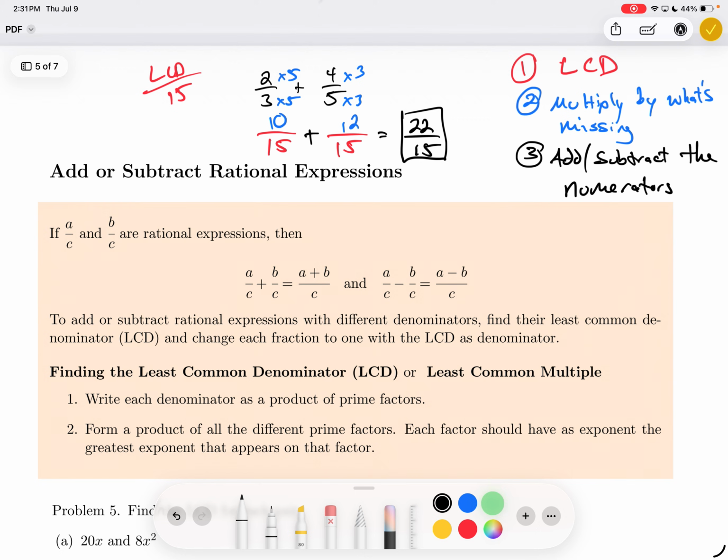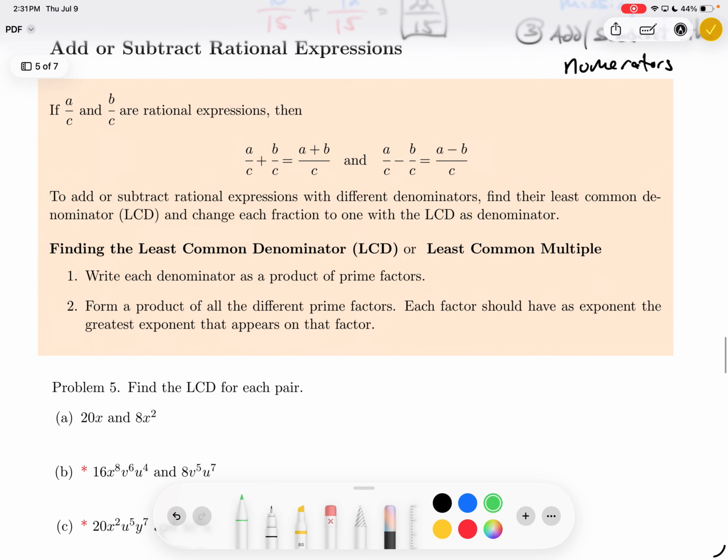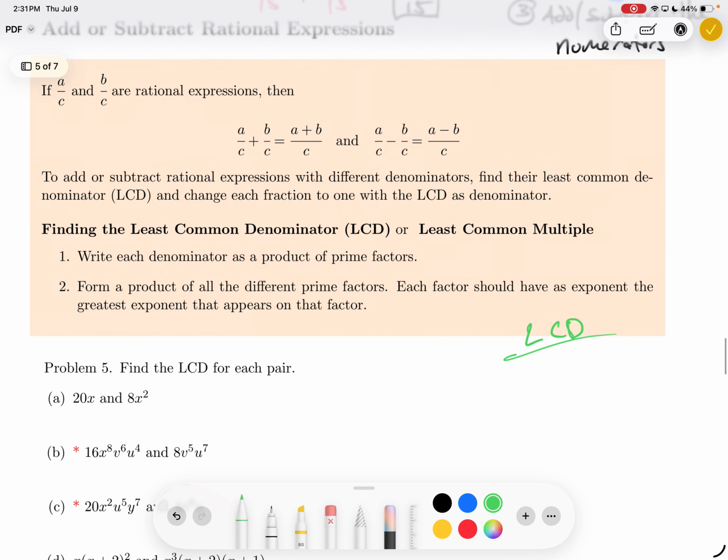The other thing I was going to say: remember how greatest common factor was? Greatest common factor is the biggest number that you can divide evenly into them, and you take the smallest exponent. LCD is the exact opposite.